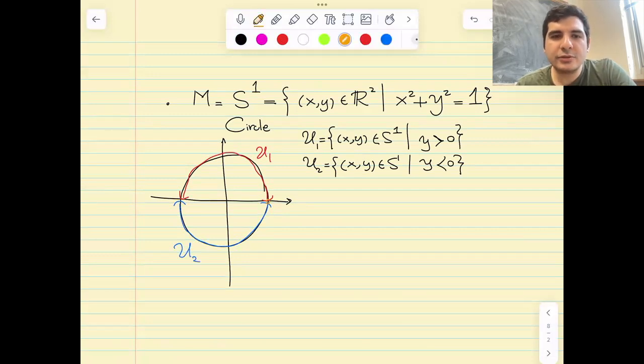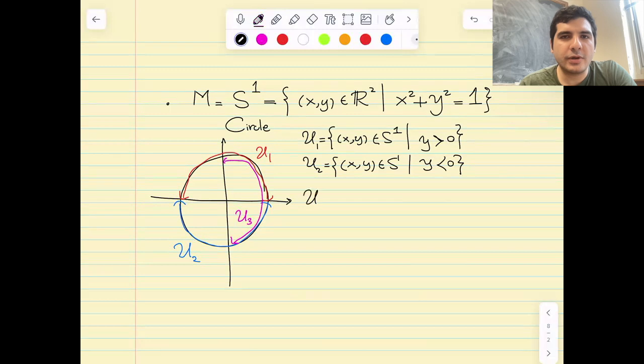Note that there are 2 points which U1 and U2 are missing, these 2 orange points. They're in neither U1 nor U2, so we should introduce 2 other subsets, U3 and U4, to cover everything.